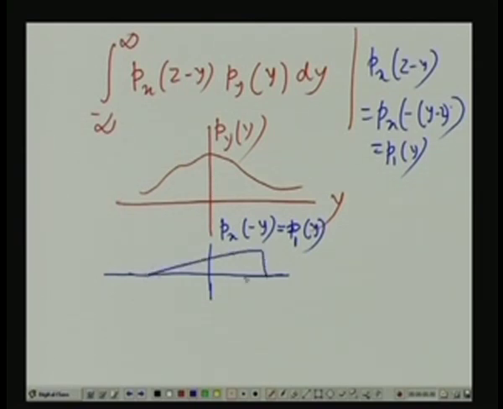Maybe suppose it is like this, but you want to evaluate this function at z. So, it should be P 1 of y minus z.